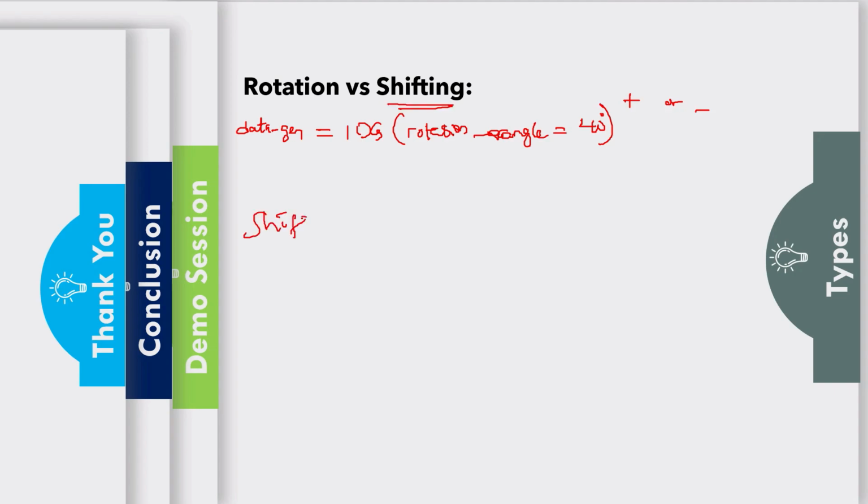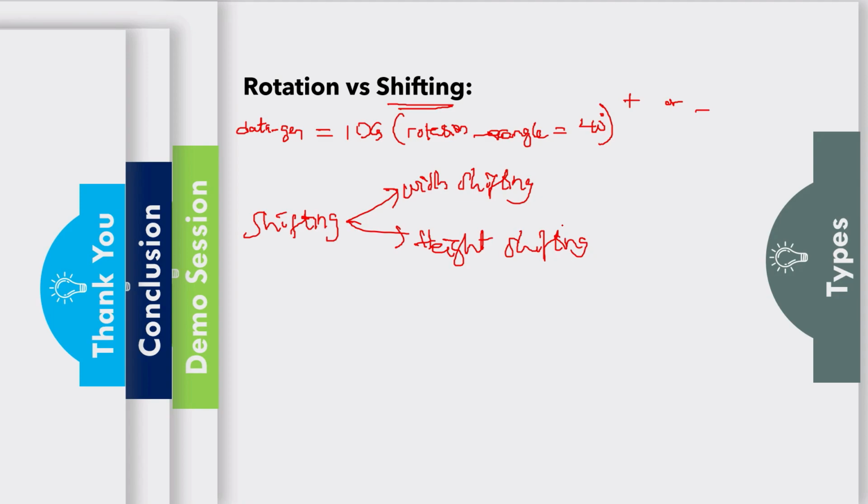Subtypes of shifting. So shifting, we can do what we call width shifting, and then height shifting. When we shift widthwise, we shift it either to the left or to the right.